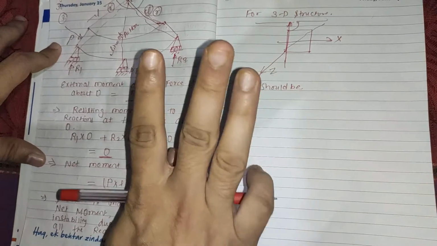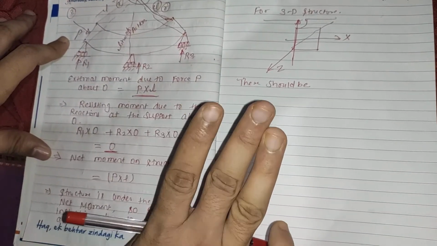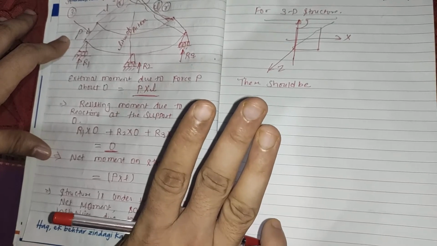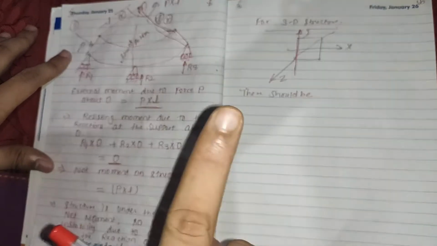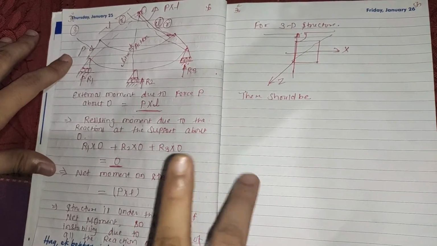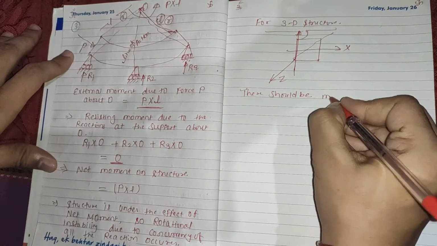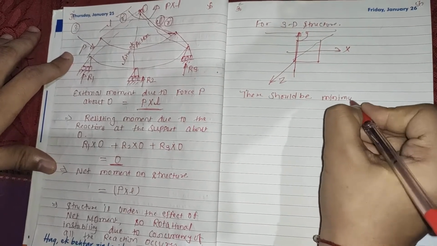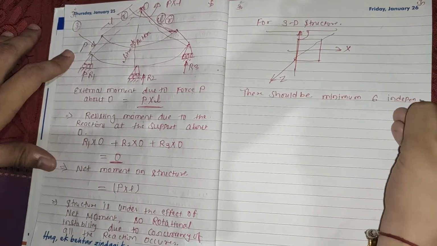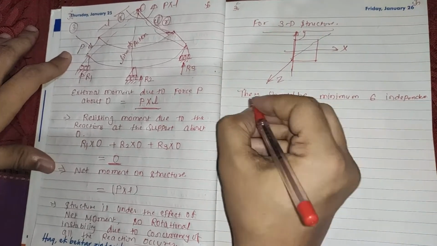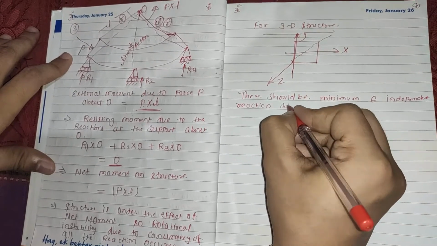For 2D there are only three reactions, just Fx, Fy and Mz. But for a 3D structure there should be a minimum of 6 independent reactions at the support.